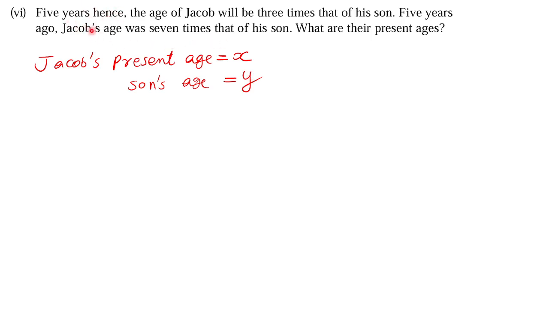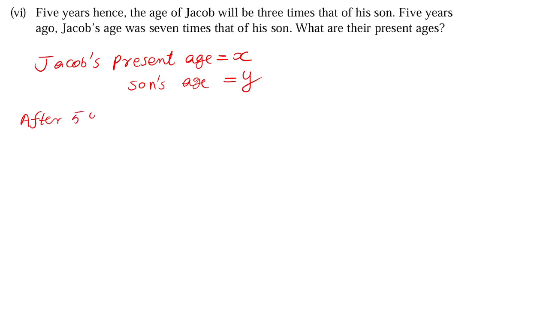5 years hence means after 5 years. After 5 years, what happens? Jacob's age will be X plus 5. This X is the current age, present age. After 5 years, the age of Jacob will be X plus 5 and the son's age will be Y plus 5. I will write in a sentence, otherwise you will have confusion.